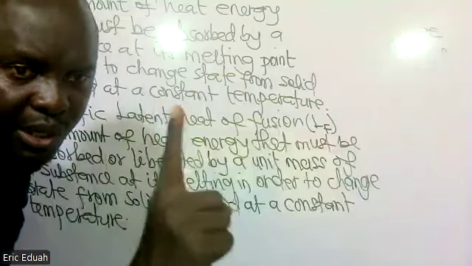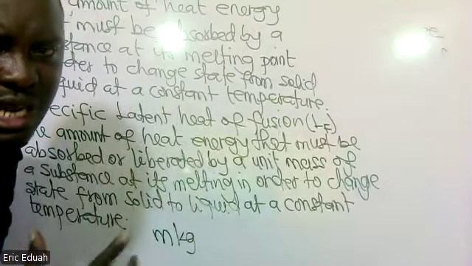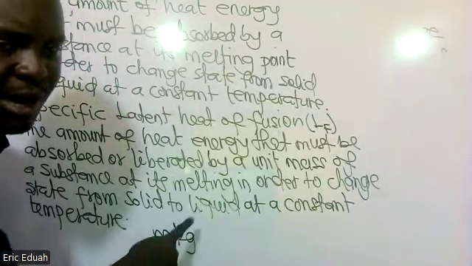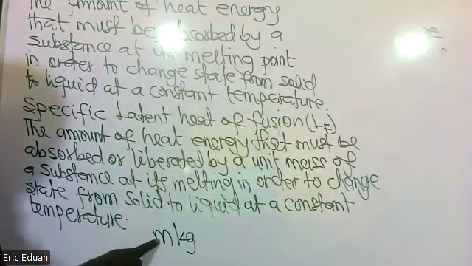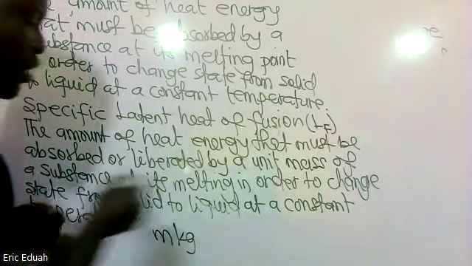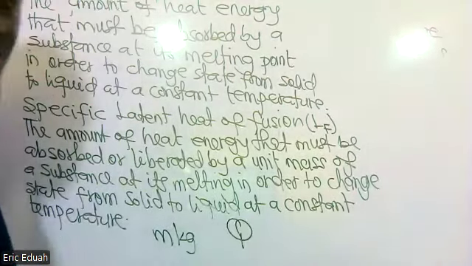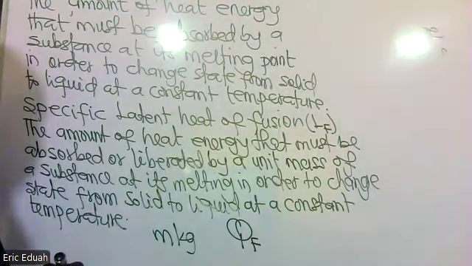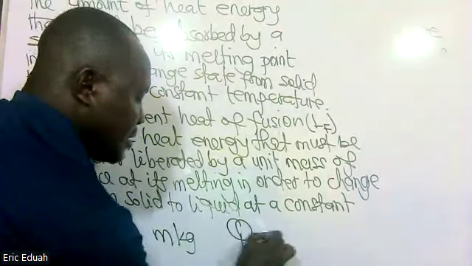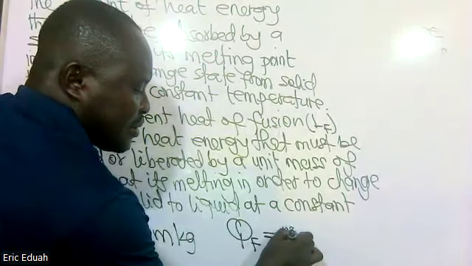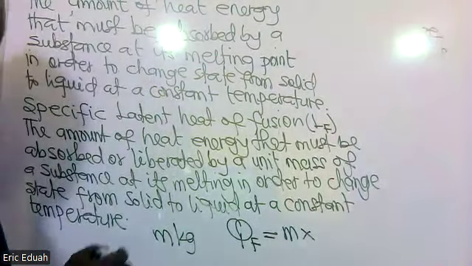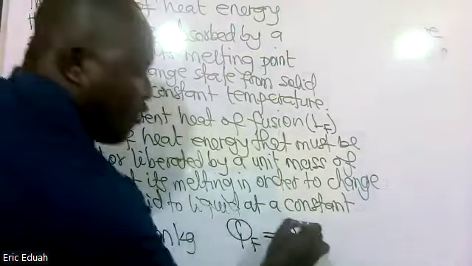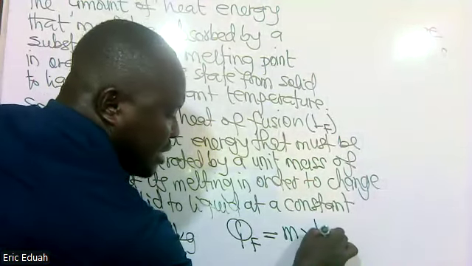Knowing the amount of heat energy that must be absorbed by 1 kilogram, I can use that to calculate for any given mass. So for m kilogram mass, the quantity of heat energy that must be absorbed in order to melt, fusion, is equal to the given mass times the specific latent heat of fusion of 1 kilogram mass, L_F.